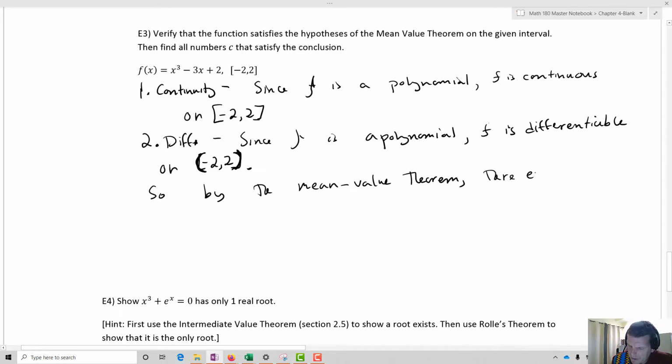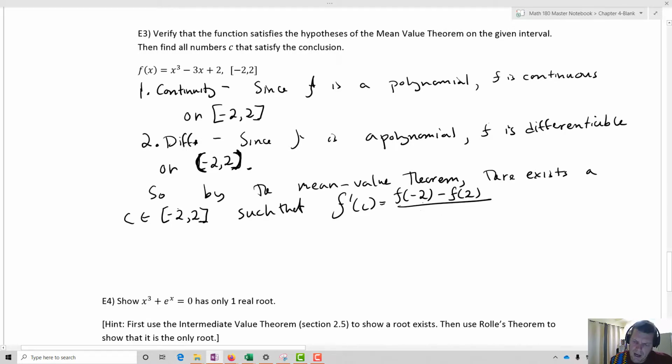there exists a c belonging to -2 to 2, such that f prime of c equals f of 2 minus f of negative 2 divided by 2 minus negative 2.